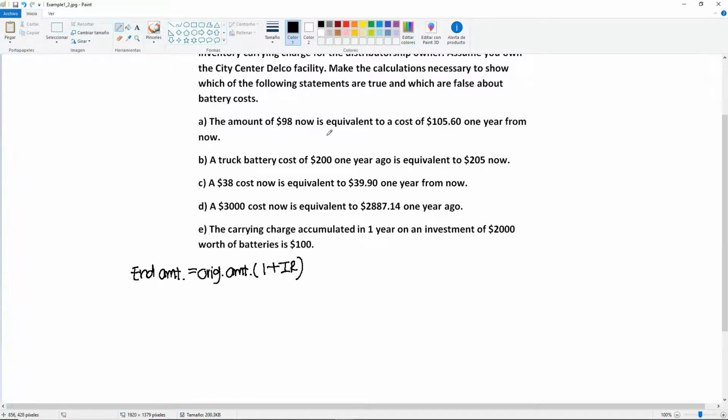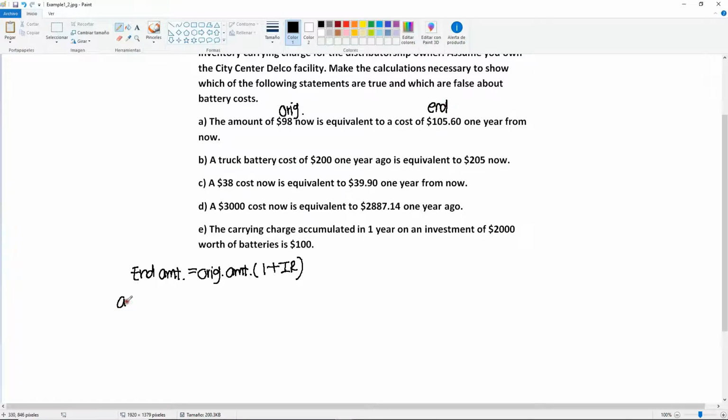Okay, and also you can look at the timeline here. So you start with 98 and then you jump 1 year after, so now will be the original and the 105 will be the end amount.